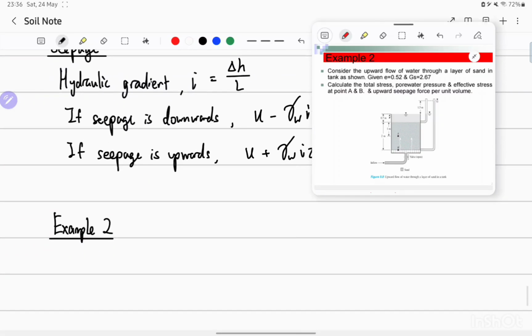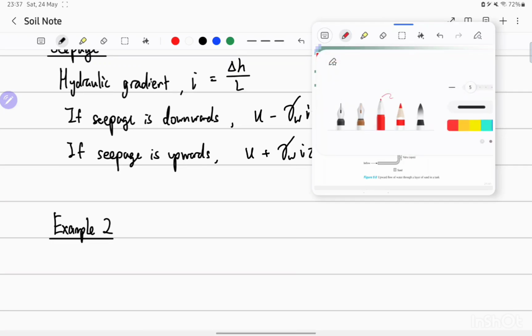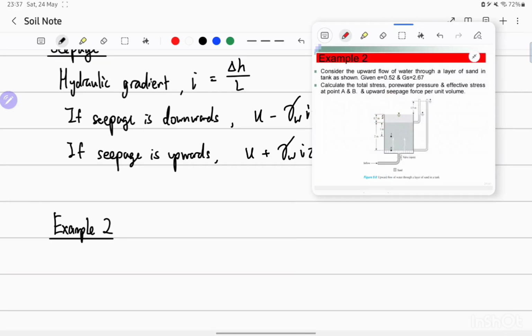We are given the void ratio e, and then the specific gravity.